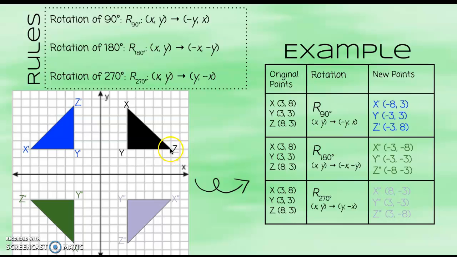Z is 3 units from the x-axis, and it is 8 units from the y-axis. When I rotate up here, I'm now going to be 3 from the y-axis. Oops, sorry. So I was 3 from the x here. I turned it around. Now I'm 3, and now I'm 8 away. Pay attention to those things. Keep those things in mind.